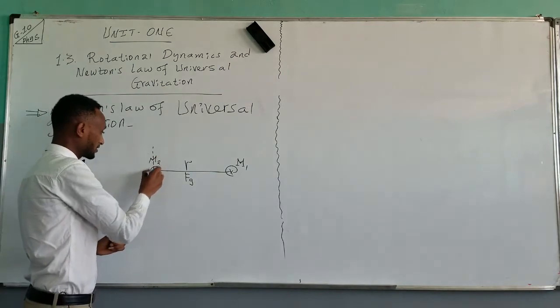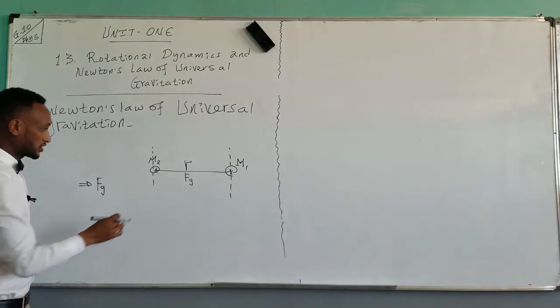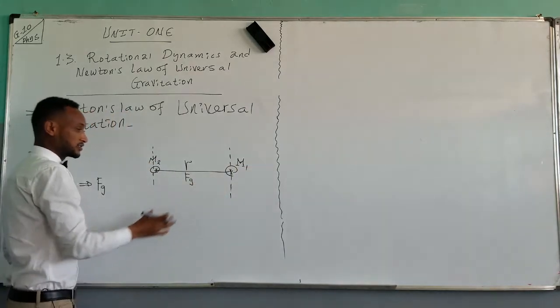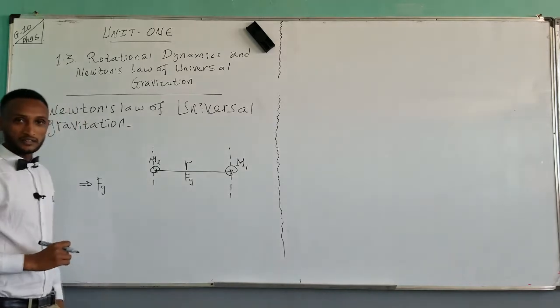According to this law, when there are two masses in the universe, the force that attracts them to each other is called the gravitational attraction force.